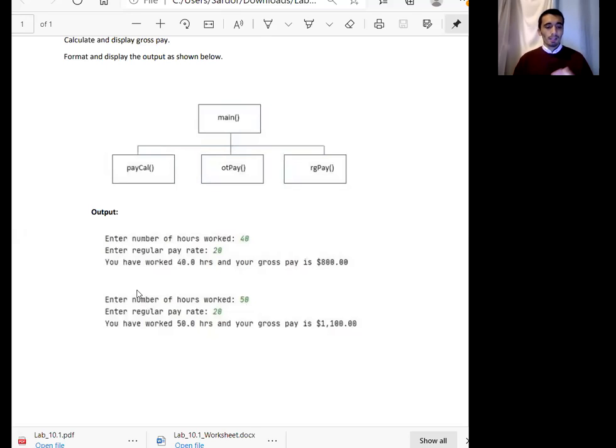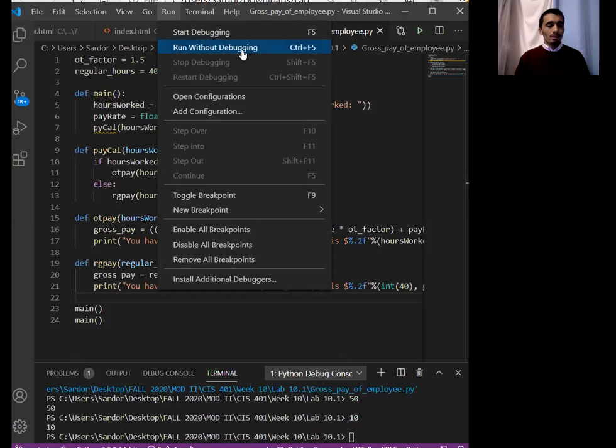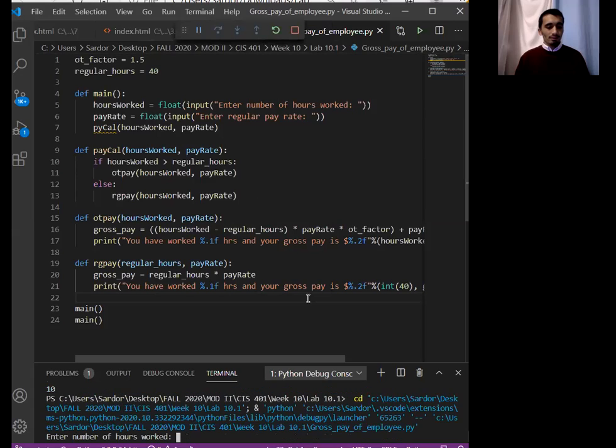Let's say there's two workers and they're both adding two different datas, trying to ask two different users for their inputs. And going back, now we're going to run it and see how it works. Run. Hopefully it works. Okay. All right. Seems a bit better.